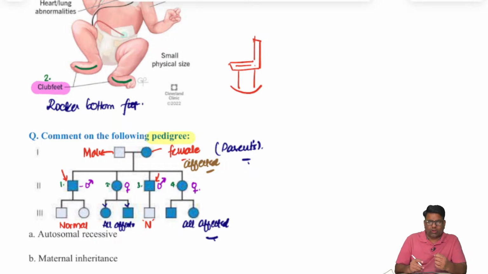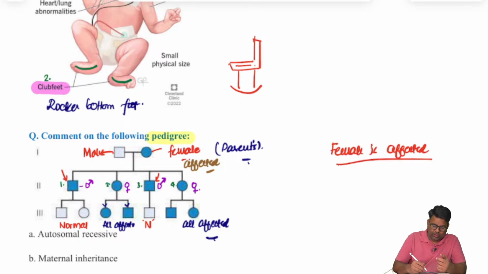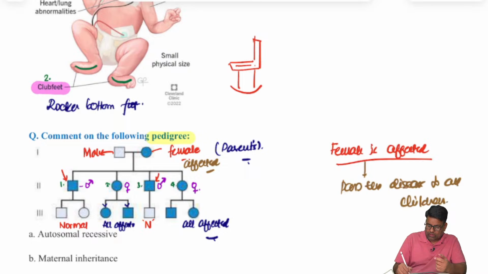So what we can summarize from this pedigree is that if a female is affected, she is going to pass the disease to all children. Clear?